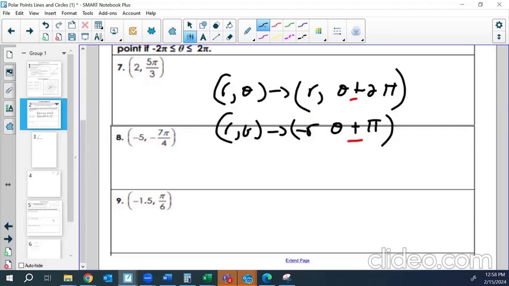Okay, let's do this example. Number 9. Okay, so I can write this as negative 1.5. That's not going to change, but it's pi over 6. So what I'm going to do now is add 2 pi to pi over 6.